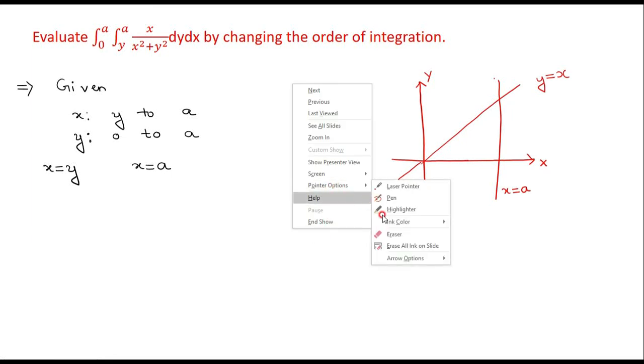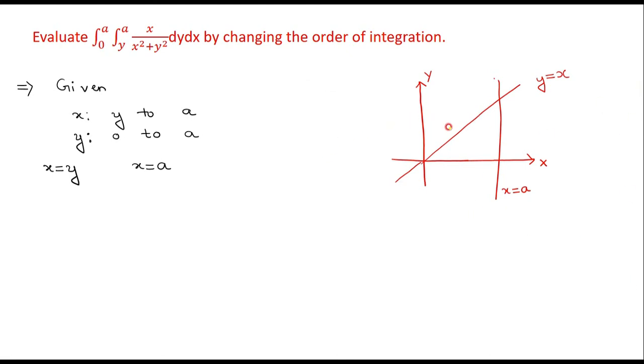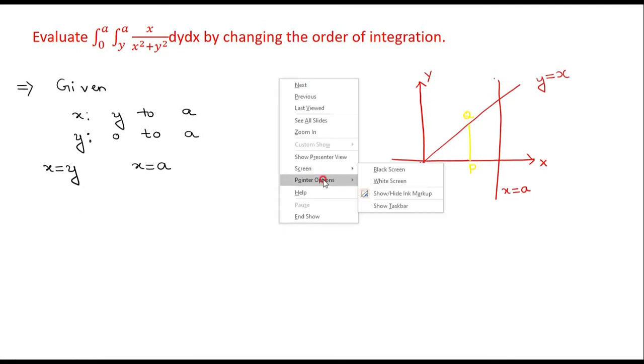So we have to take a vertical strip. So let me take a vertical strip. This is the vertical strip PQ. Now by changing the order of integration, we need to take x limits as the constant limits.